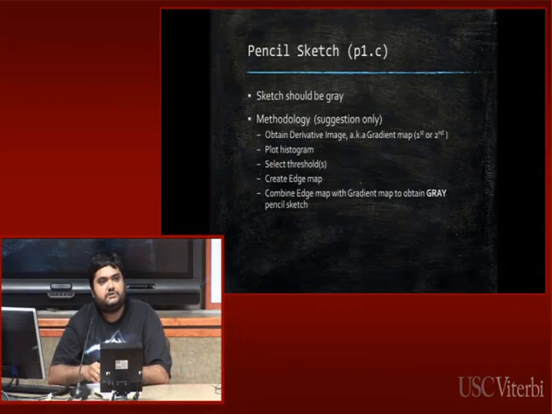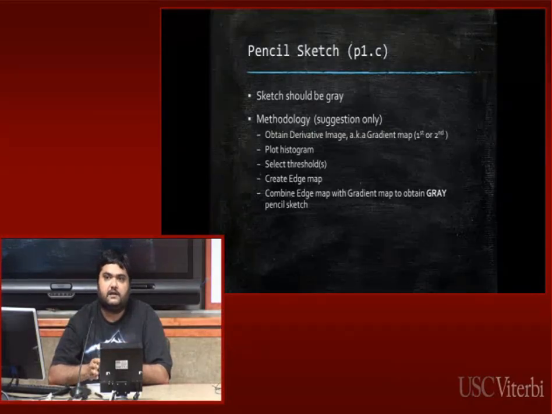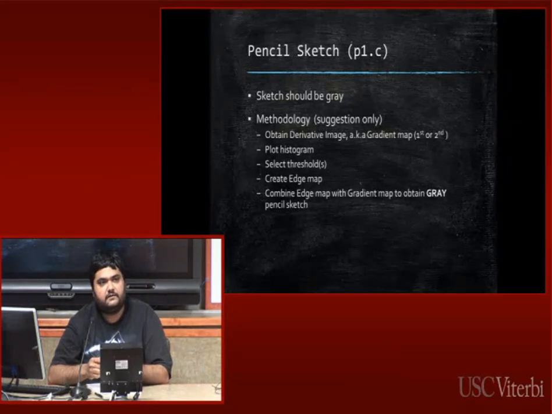Using the gradient map, you generate a histogram of the values inside the gradient map, right? For that, you need to quantize the values, because gradient map values will be real numbers. They're not integers like your image pixel values, between 0 and 255.